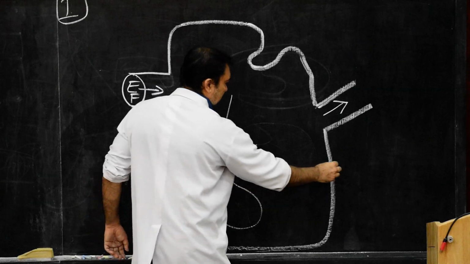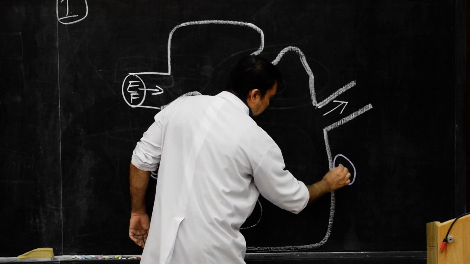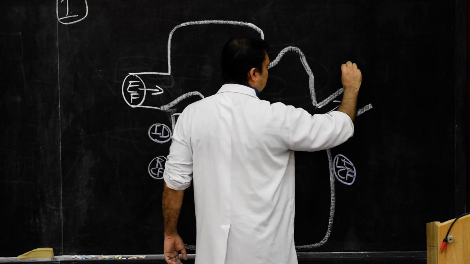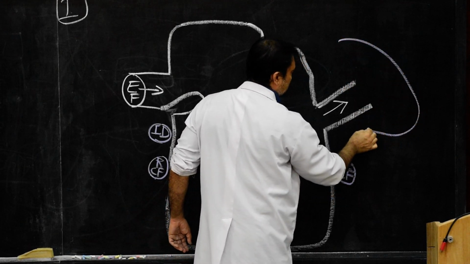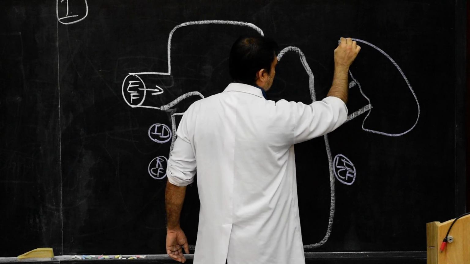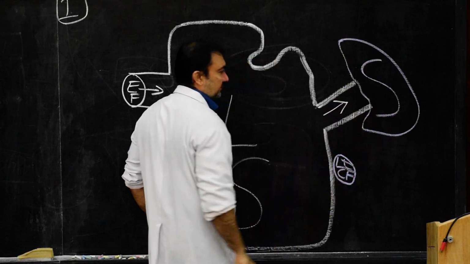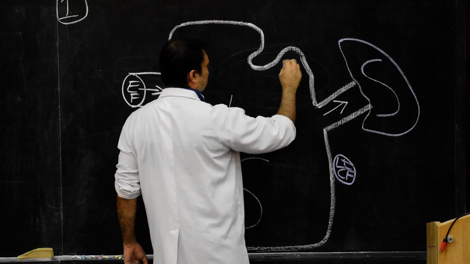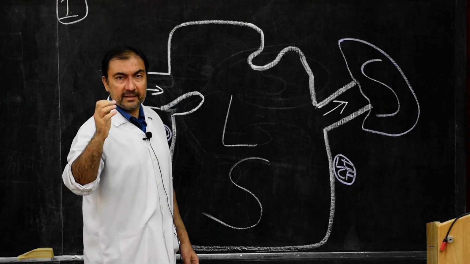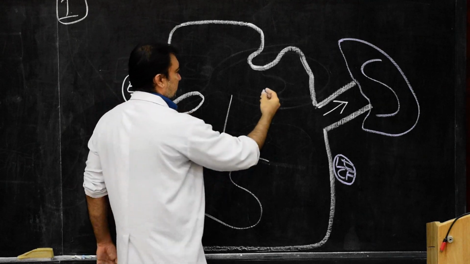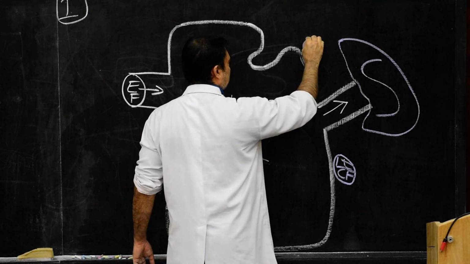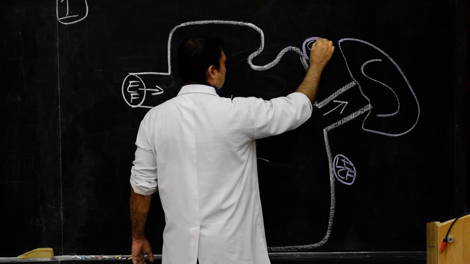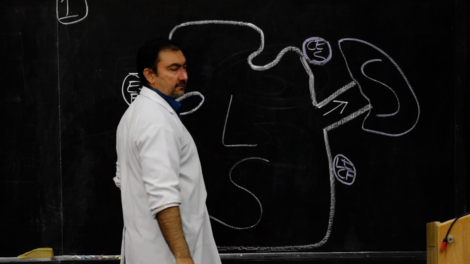Similarly, at this level the left colic flexure. Over here we show the hilum of the spleen, and this is the spleen. Then at this level we show the cardiac end of stomach.